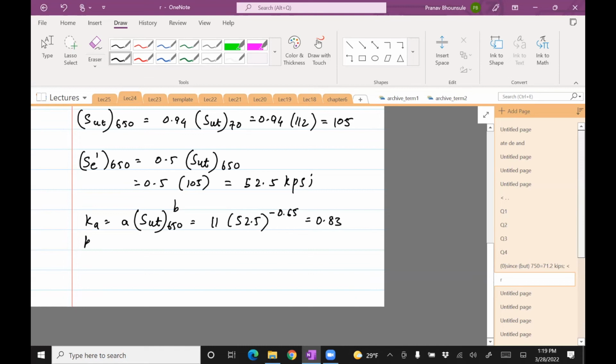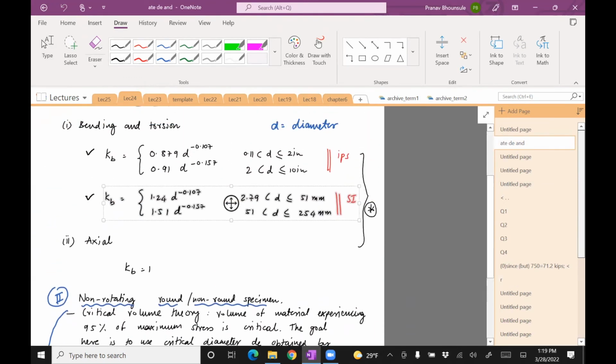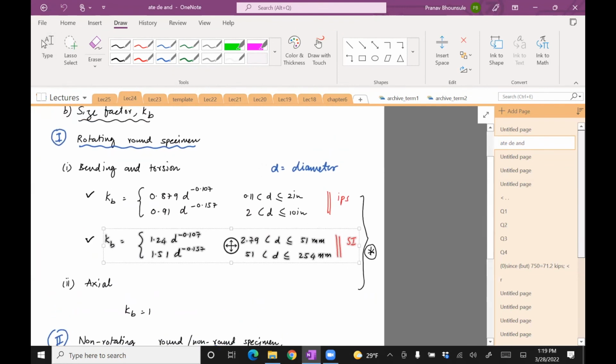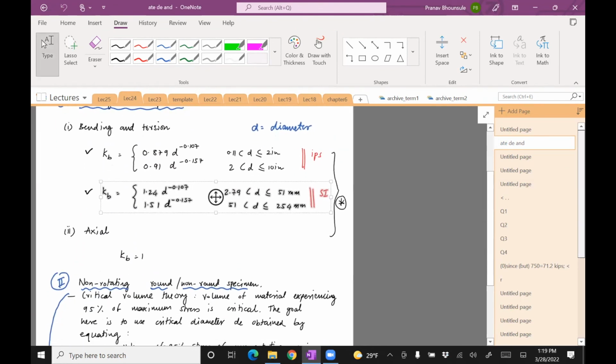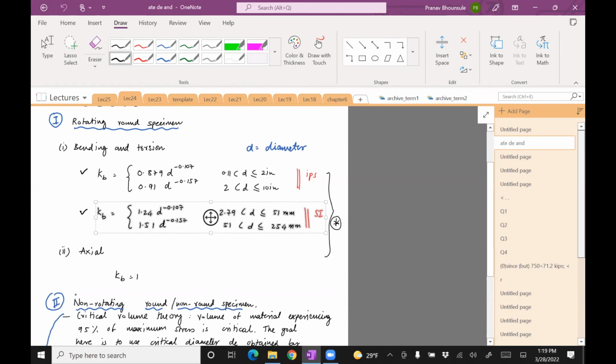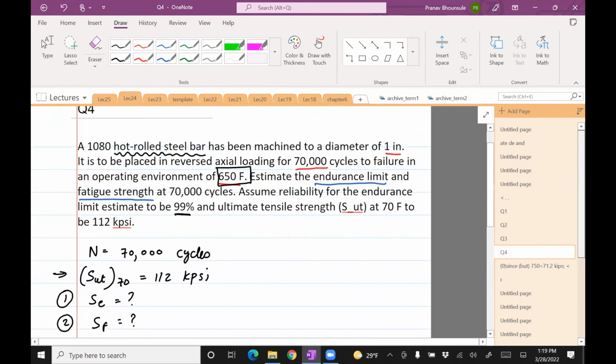Okay, so KB. What is KB? If you go back, KB depends on, well, first of all, we have rotating and non-rotating. Which case is this? It doesn't really give anything about rotating or non-rotating. You can just assume something. Let's just assume it's rotating.